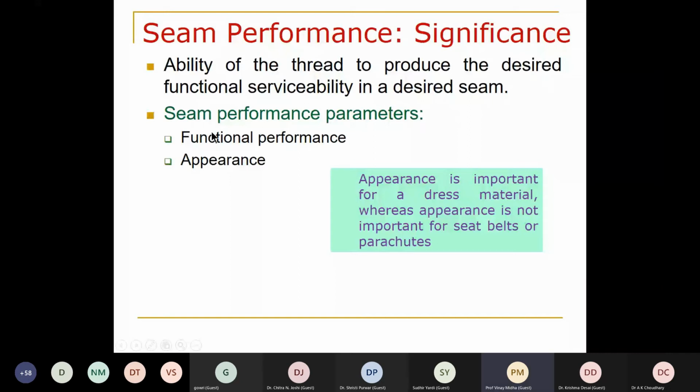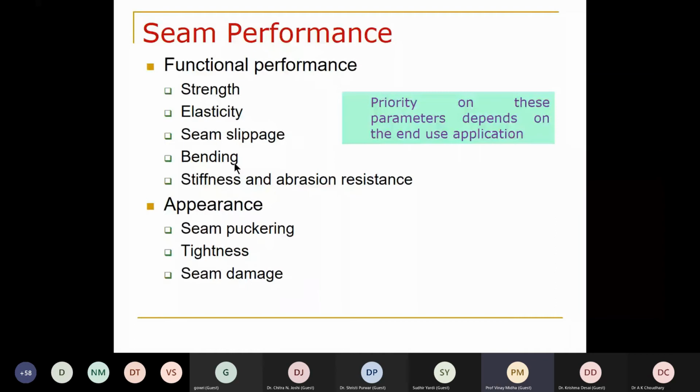For example, in case of seat belts or parachutes, we are not interested in the appearance, but we are more concerned about the functional performance of those particular materials. Whereas for dress materials, shirts, trousers, skirts, we are more concerned about the appearance. So the seam performance has to be seen from these two different angles, depending upon the application.